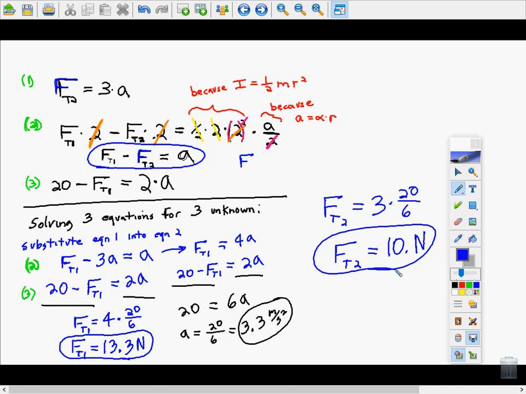So we found the tension in the vertical part of the rope, and that was a greater tension, 13.3 newtons. We found the tension in the horizontal part of the rope, 10 newtons, and we found the acceleration of the system, 3.3 meters per second squared.